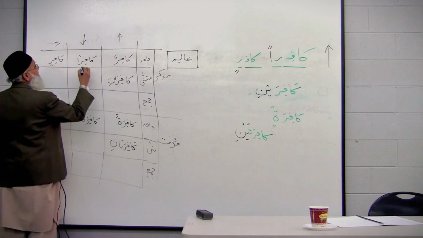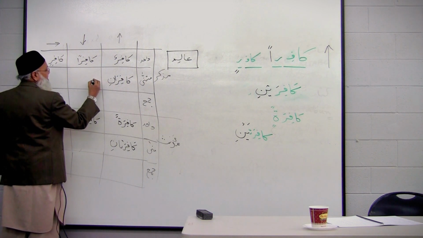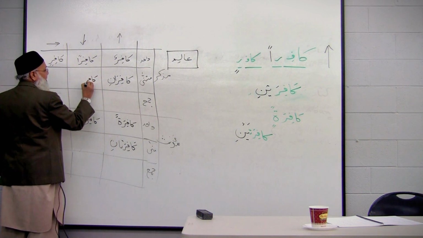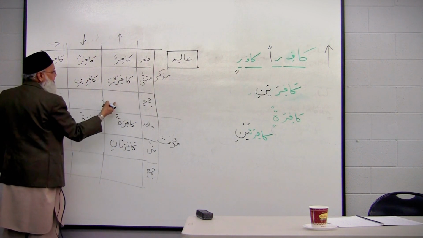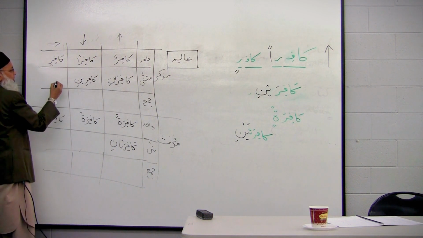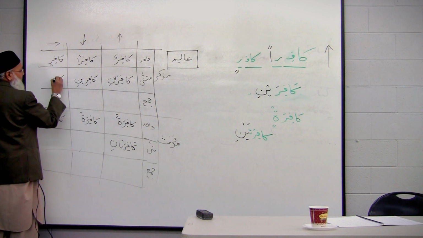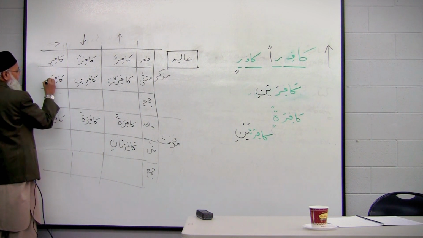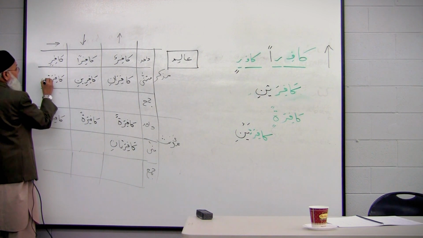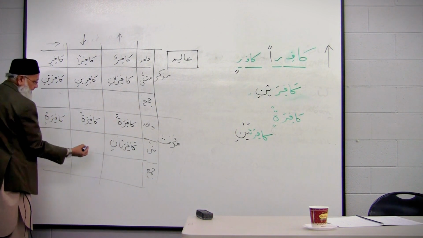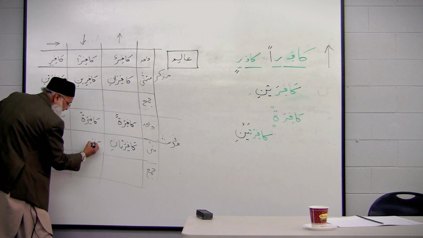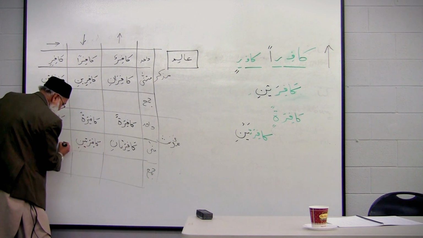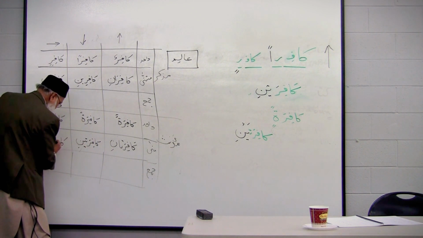Musanna kafirani, and then in nasab form kafiraini, and in the jar form too it will be kafiraini. And here kafiratani will be kafirataini and kafirataini.